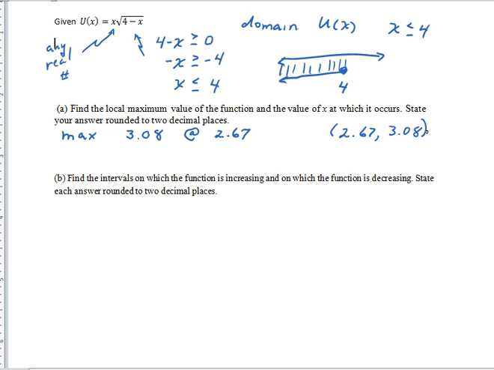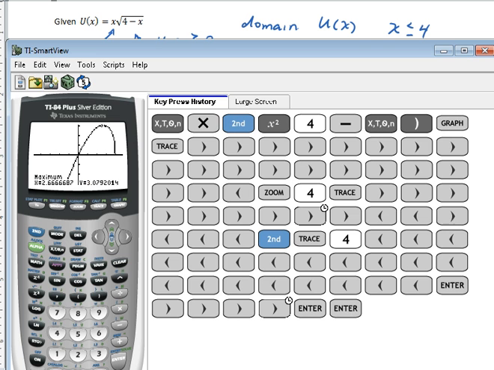Just remember it's the 3.08 that is the maximum, the local maximum value, and the 2.67 tells you where that maximum occurs. So if we return to the graph, we see that the graph is increasing up to the local place where the local maximum occurs and decreasing thereafter.